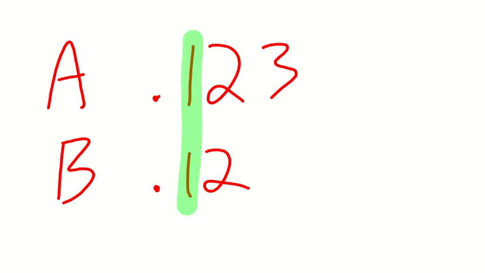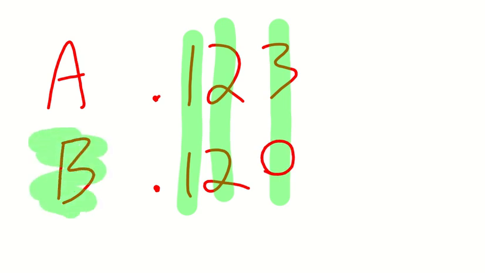We got 1 and 1, that's the same, so we keep going. 2 and 2, that's the same, so we keep going. The next place value, A has 3, right? What's B have? Nothing, so what can we put there? 0. So if we put a 0 there, which one is lower then? B is the lower one, so that's kind of how that works. Some of these, like I said, are decimals that'll go a little further, okay? Any questions?